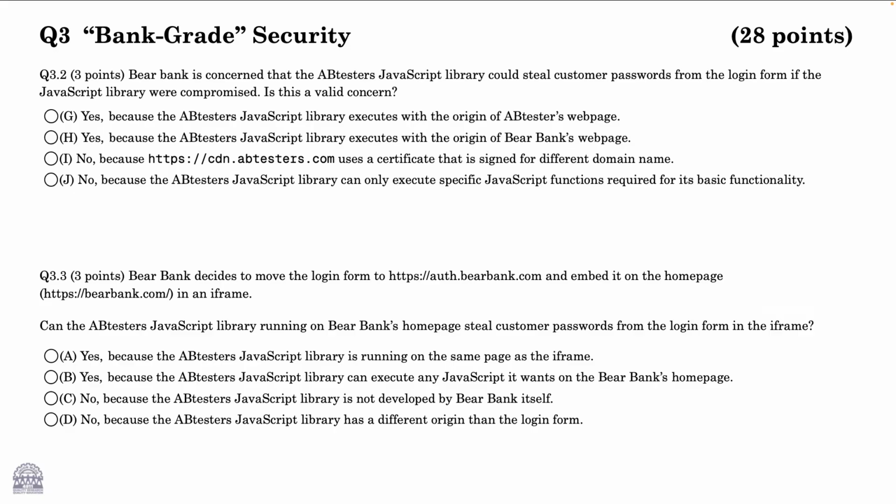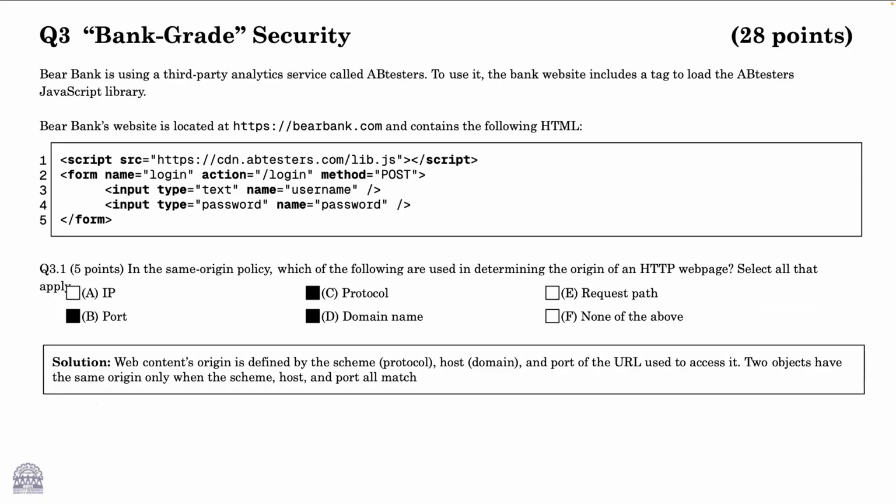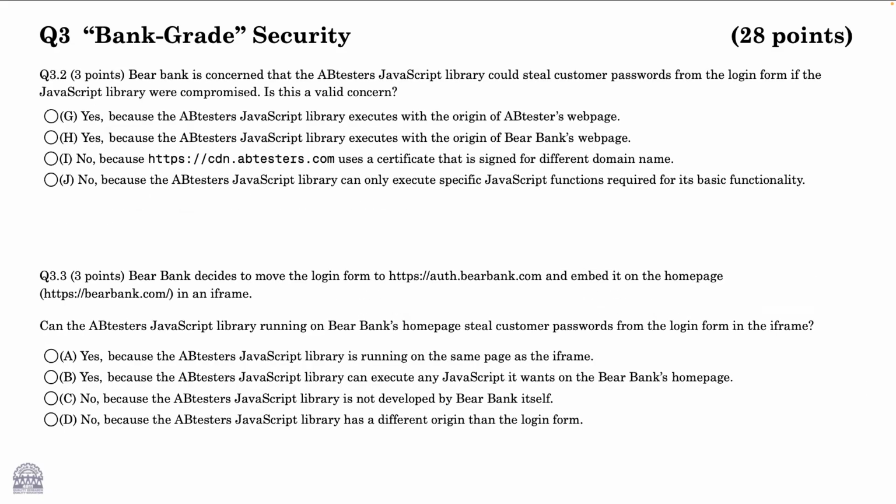Okay, cool. So for this question, it's really important to go back to the code that they're using. The script has the origin of the third-party API that they're using. And so going back to question 3.2, there's a concern that the form is insecure if the library is compromised.